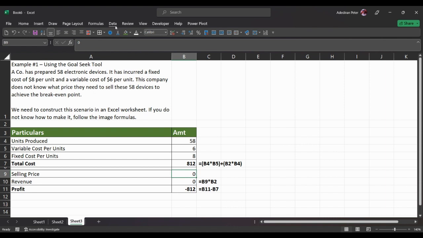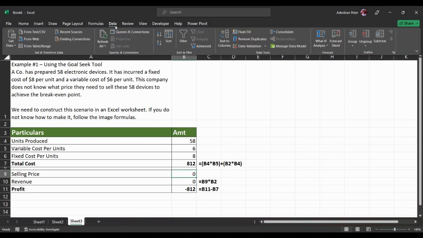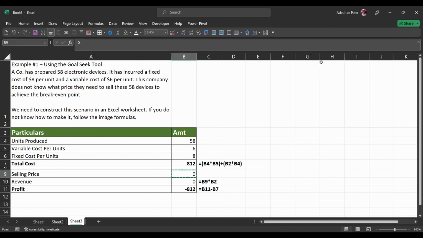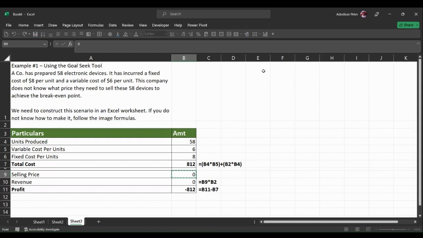So let's go to Data on our Excel, click on What-If Analysis and Goal Seek. Our set cell is going to be our profit cell. This is our set cell, while our to value will be zero.